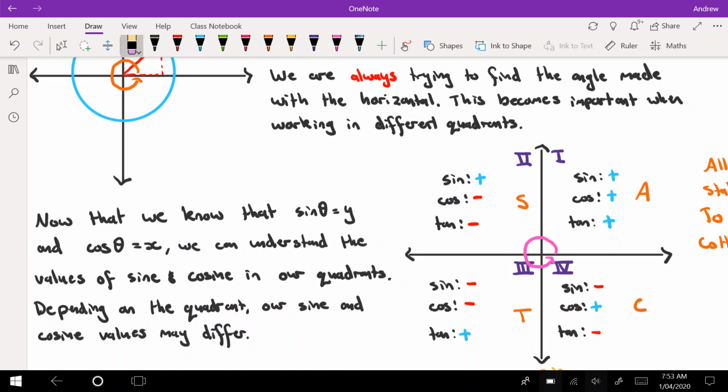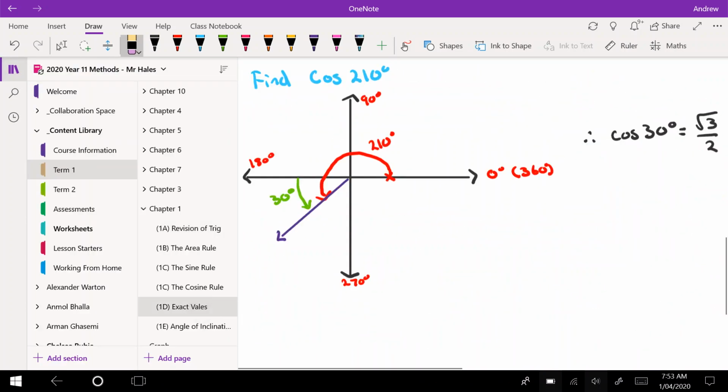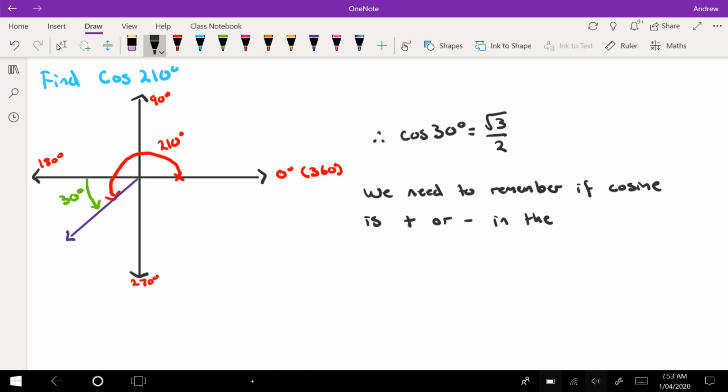So we also need to take into account the value of the cosine and sine of the angle when we're doing our exact values. We need to remember if cosine is positive or negative in the third quadrant.